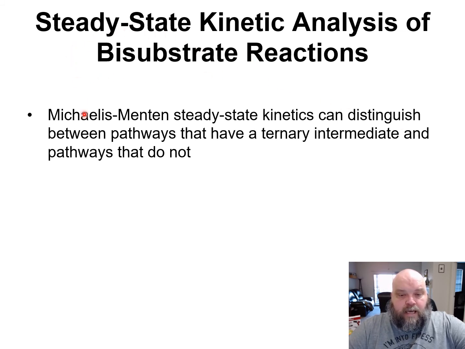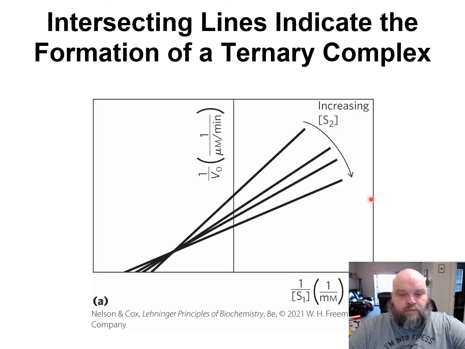So we can take and look at the Michaelis constant, and where before we were looking at it as a monosubstrate, we can look at it as a bisubstrate. A and B, or S1 and S2, whichever way you want to think of these. So if you map it out, 1 over V0, 1 over S1, like we talked about before, the slope of this was Km over Vmax.